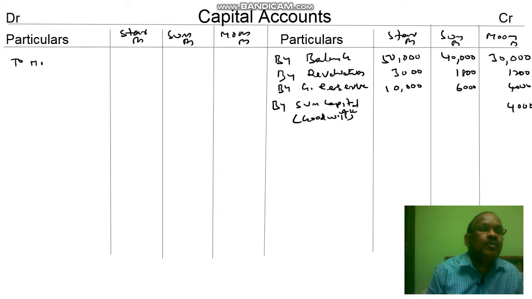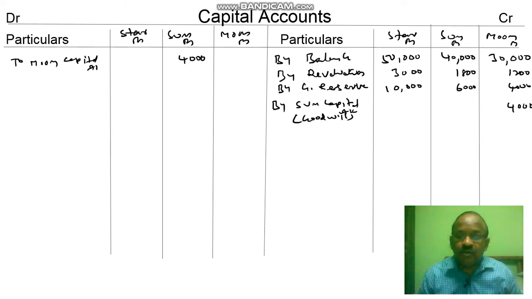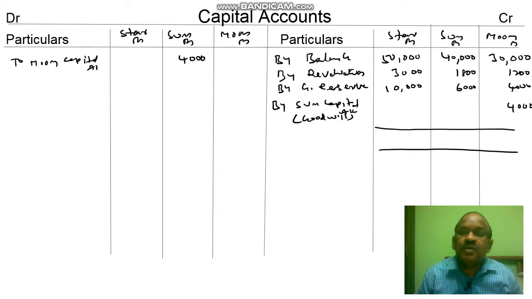Moon capital account is debited into Star capital account. So now we are tallying the two sides: 63,000, 47,800, 39,200.